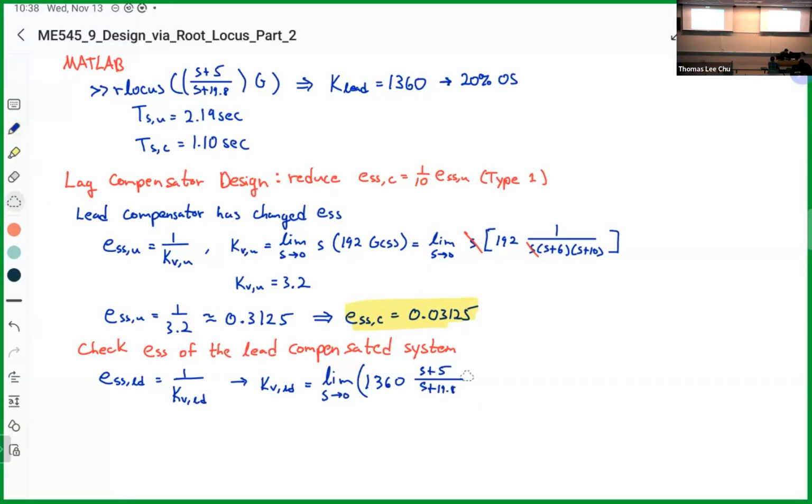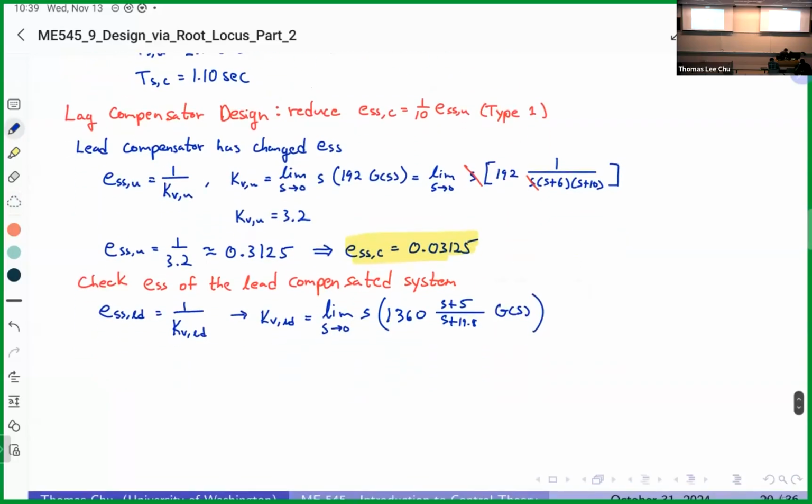Well, apologies, I'm missing something: I need to multiply this whole thing by S as well, multiplied by G of S. I'll just write that out: 1 over S times S plus 6 times S plus 10.